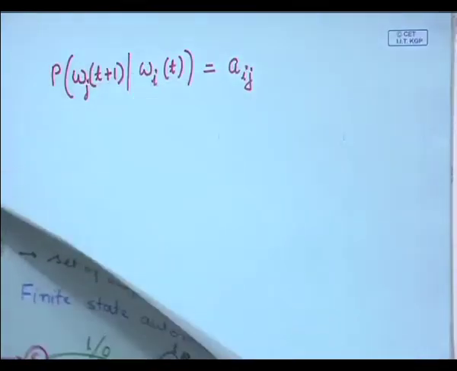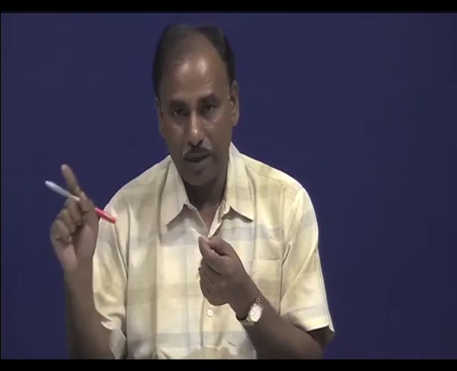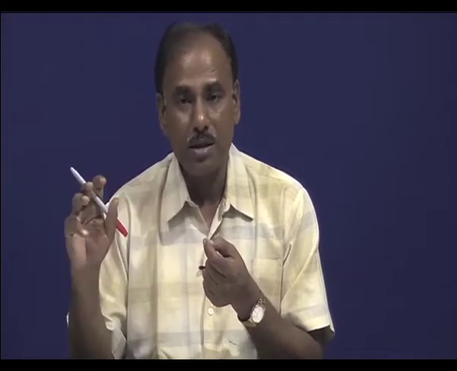Whereas, in case of hidden Markov model, from state omega 2, the machine may make a transition to state omega 1, it may make a transition to state omega 3, it may make a transition to state omega 5. So, all these transitions are possible and there is a transition probability for each.